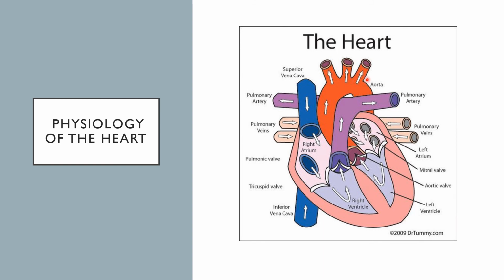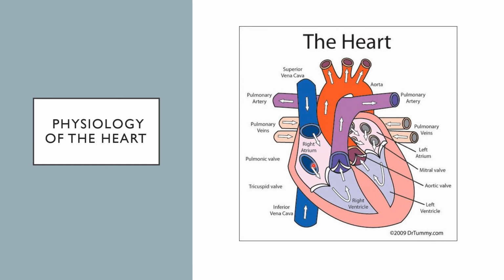When the blood goes around the body, the tissues will utilize some oxygen in the blood, and this blood will arrive back to the heart through the vena cava, and it will drain into the right atrium.